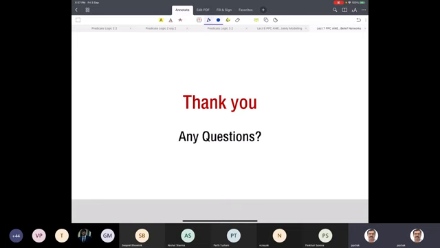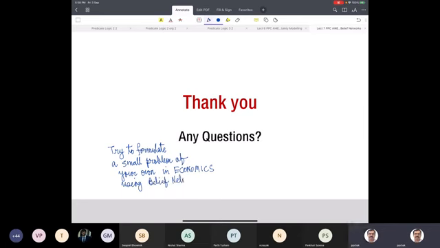Try to formulate a small problem of your own in economics using belief networks. Do it as an exercise.